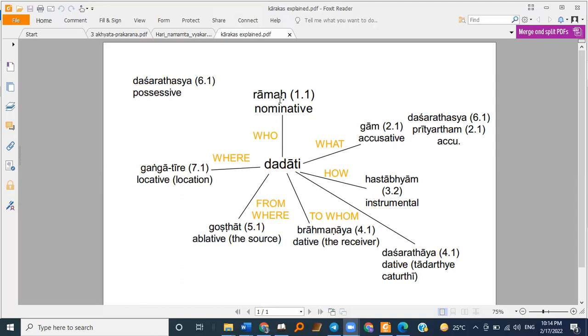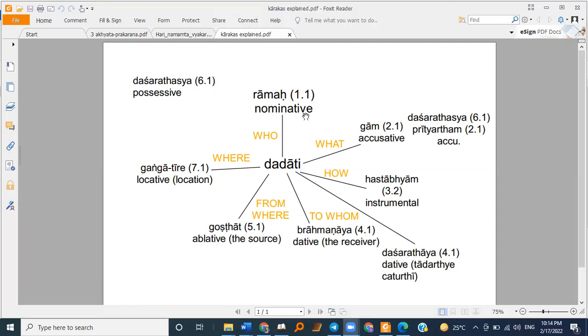So Ramaha Dadati. Rama is giving. Who is giving? Rama is giving. Okay. Rama is giving what? What's the object? Ramaha Gam Dadati. Rama is giving the cow. What is being given?